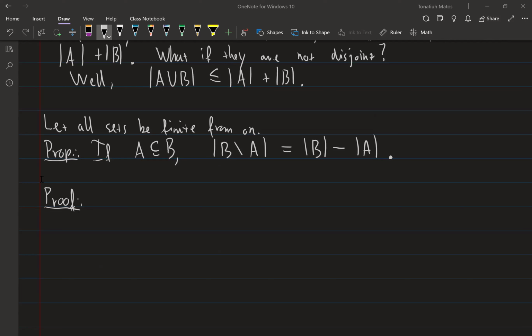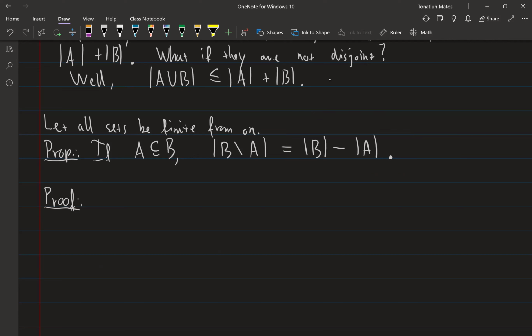Okay, so people in the chat are suggesting we can use the definition of the subset. Right. But how do we know this? Like how do we conclude this just by knowing that A is a subset of B? Right? I don't want to write this using a bijection, and actually I can't because this isn't the size of a set other than the one I'm proving, right?